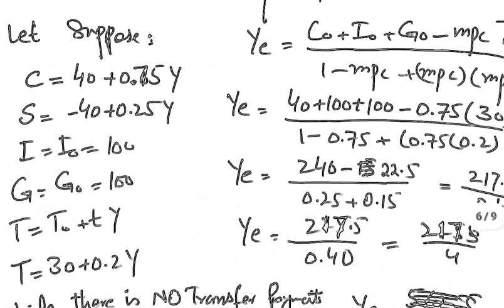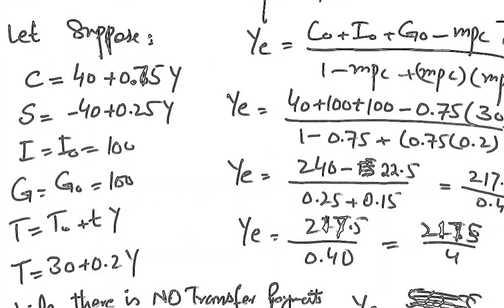C is equal to 40 plus 0.75y, S is equal to negative 40 plus 0.25y, I is equal to I naught, that is equal to 100, and G is equal to G naught, that is equal to 100, and T is equal to T naught plus ty, and T is equal to 30 plus 0.25y.